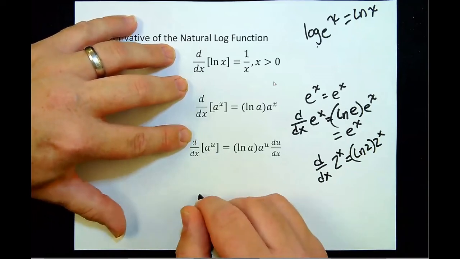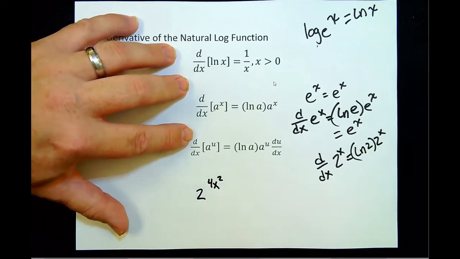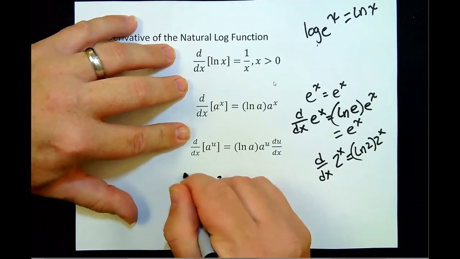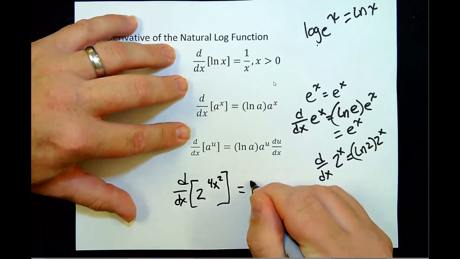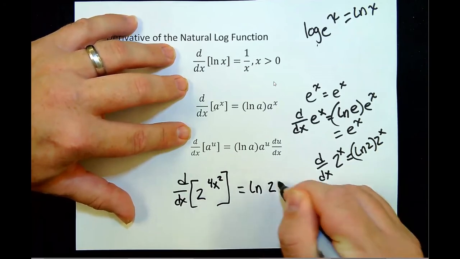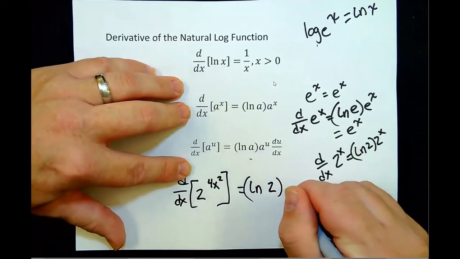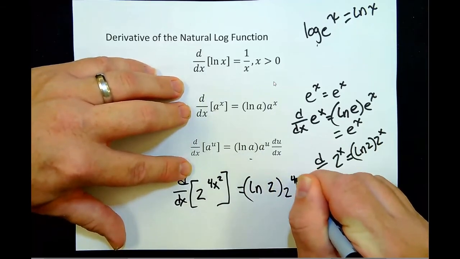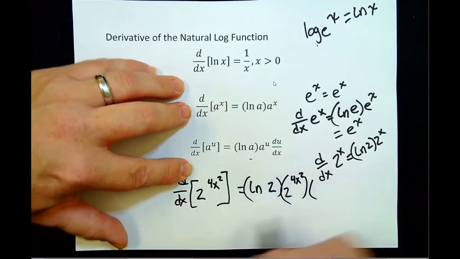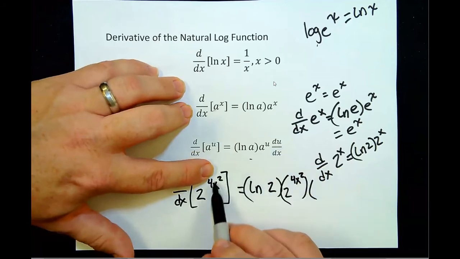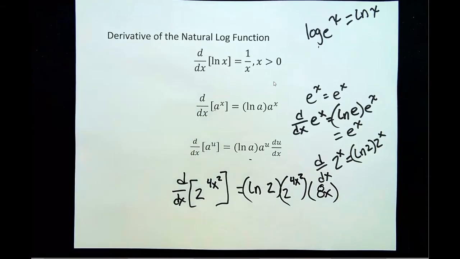So what if we had 2 to the 4x squared, and I wanted to find the derivative of that? Well, it's the natural log of the base times what we had, 2 to the 4x squared, times the derivative of the upper function. So it would be times 8x. And we could simplify that a little bit.